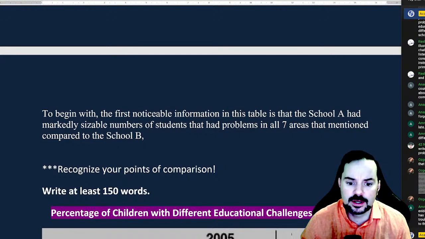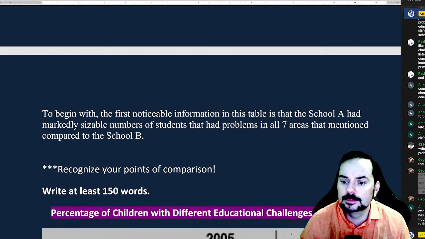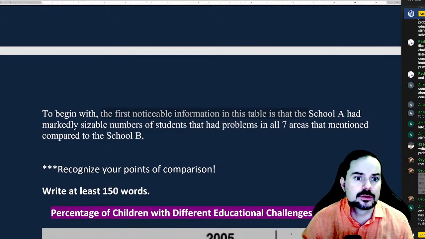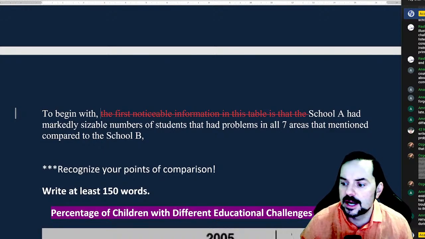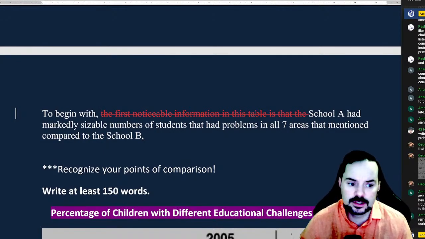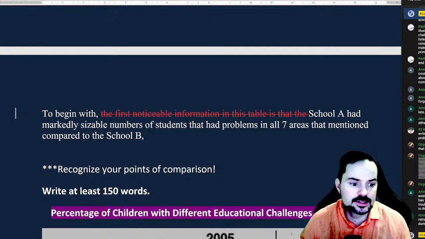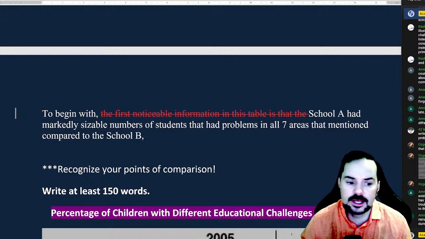So you can take all that out, Oz. It's just redundant. So to begin with, School A had markedly sizable numbers of students that had problems in all 7 areas mentioned compared to School B.